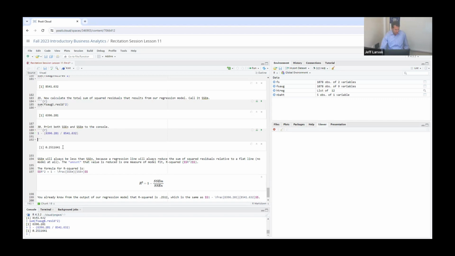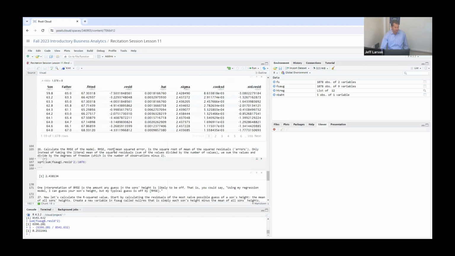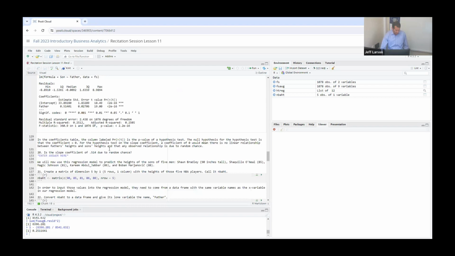And we end up with 0.2511. Okay, does that number look familiar? That is our r squared from our model right here, right? 0.2511, although they rounded up to 12 because they had to round that last number.